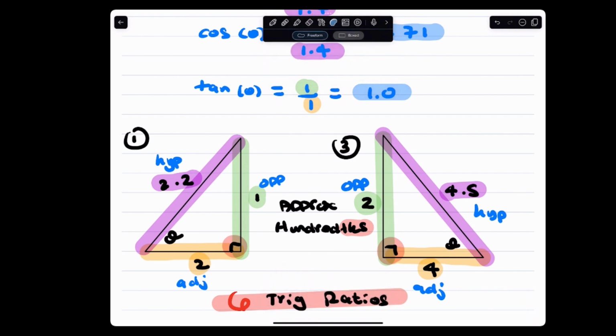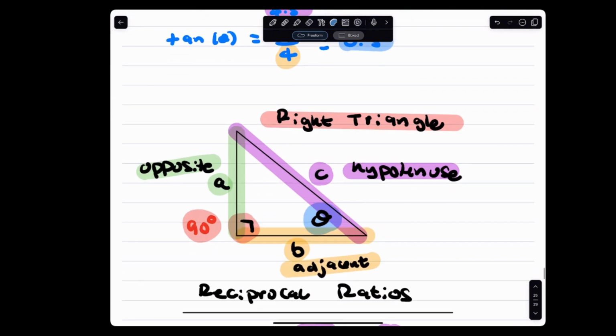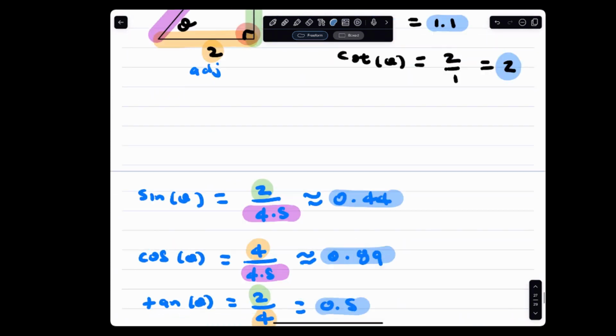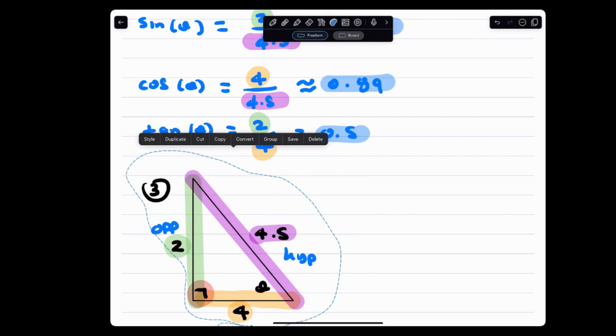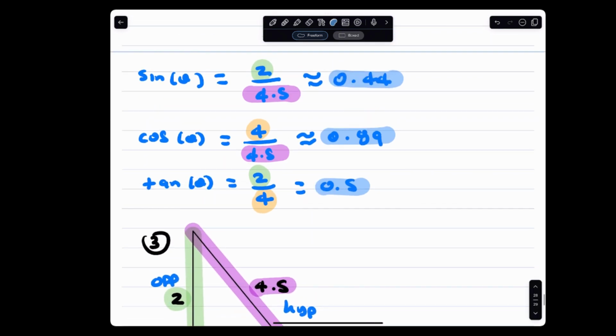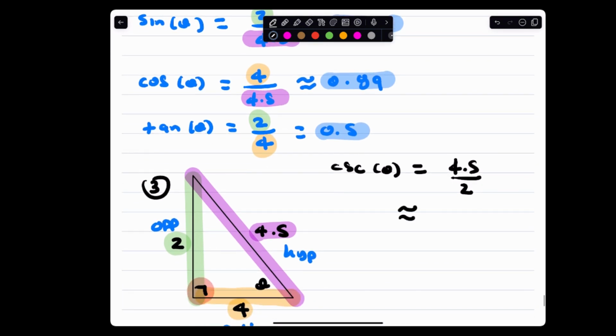All right. So what's the reciprocal of sine? Cosecant. Flip the fraction over. It's 4.5 divided by 2. Is that right? We'll see what this is approximately.